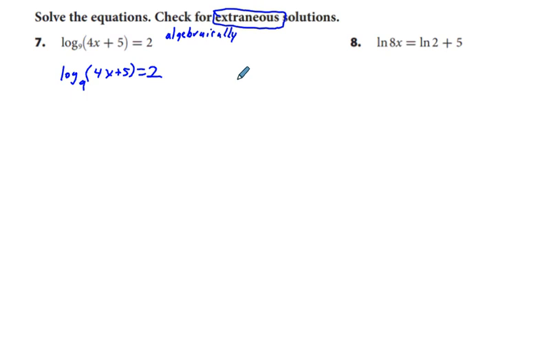If we have log base 9 of a, we can go ahead and rewrite this as 9 to the power of log base 9 of a.